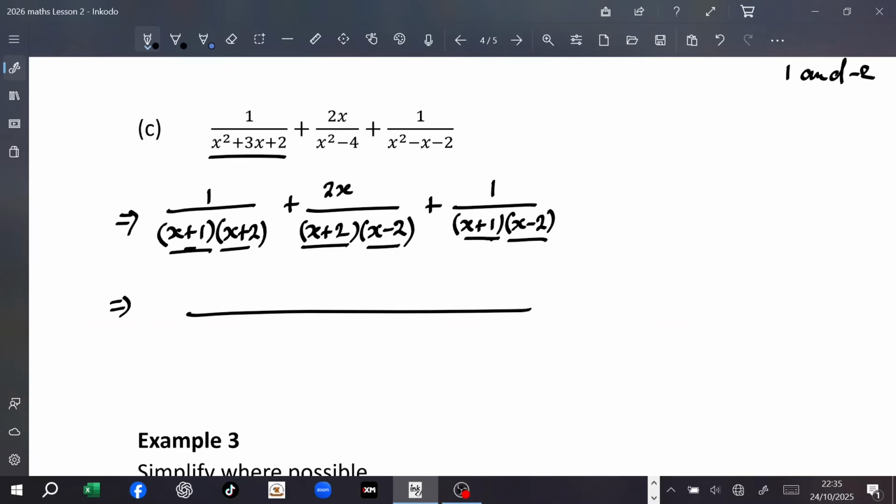So say we write x plus 1, then this one x plus 2, then we also say x plus 1 is there, then x plus 2 is here, then x minus 1, x minus 2 I mean. So I've picked 1, 1, 1.